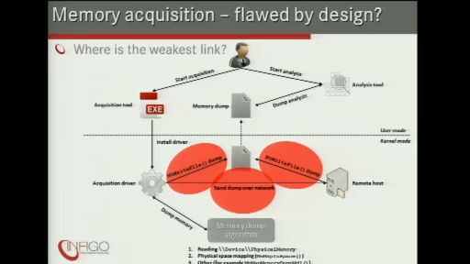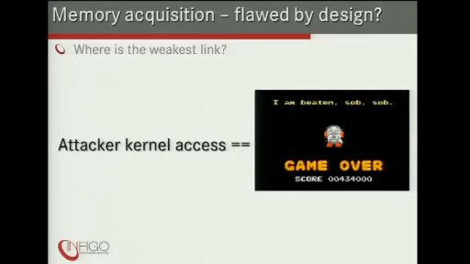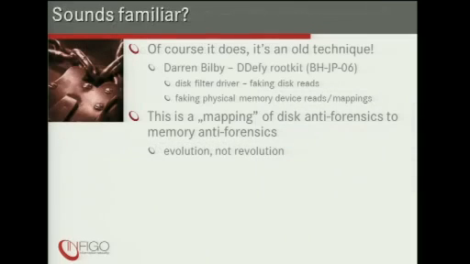The point where you are actually writing the dump or sending the dump over the network, sending the chunks of memory over the network, is the weakest link in the memory acquisition process. And if an attacker has kernel access, this is really game over for memory forensics. I know that this sounds familiar because 6 years ago Darren Bilby did a similar thing with the Defy rootkit.